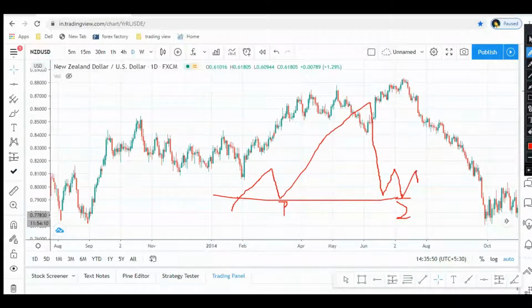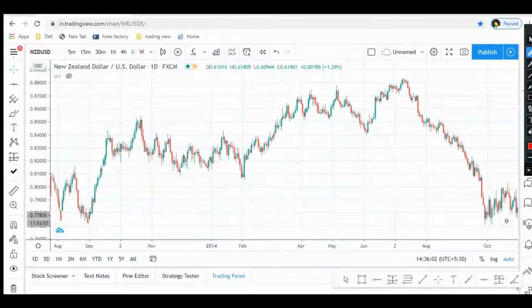After that, if the price breaks out and touches it, it will work as a resistance. This will be a first attempt and second attempt. So this is how support and resistance works.